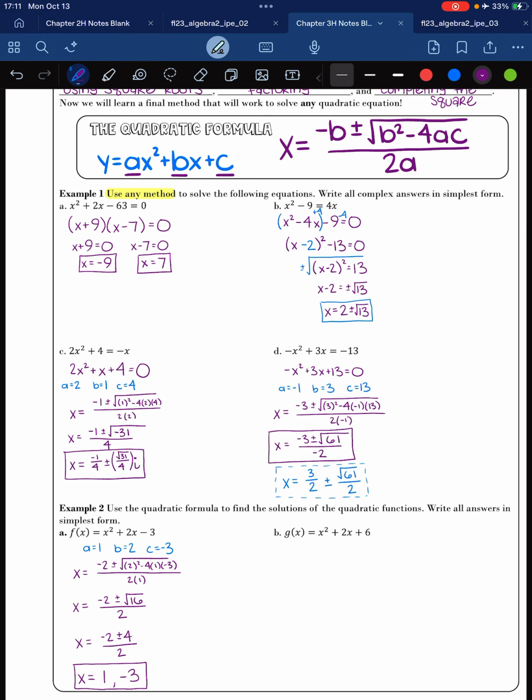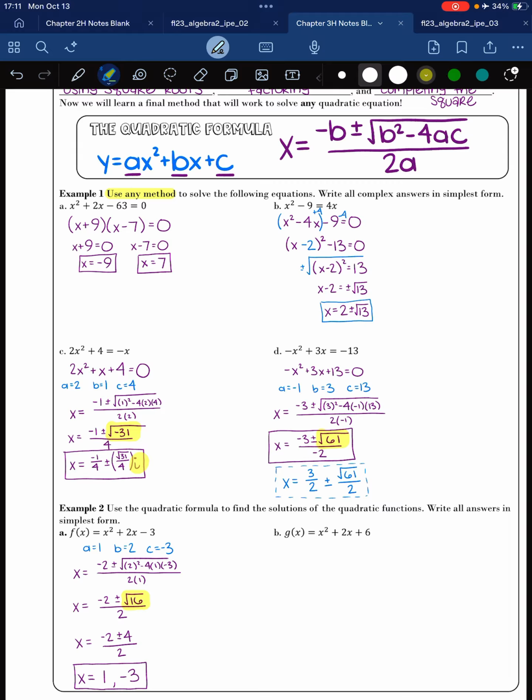And I know I'm not completely done, but I want to take a second to look at the last 3 examples that we've done so far. And specifically, what's happening with this square root, because this square root actually tells me a whole lot about what type of answer I'm going to end up getting.